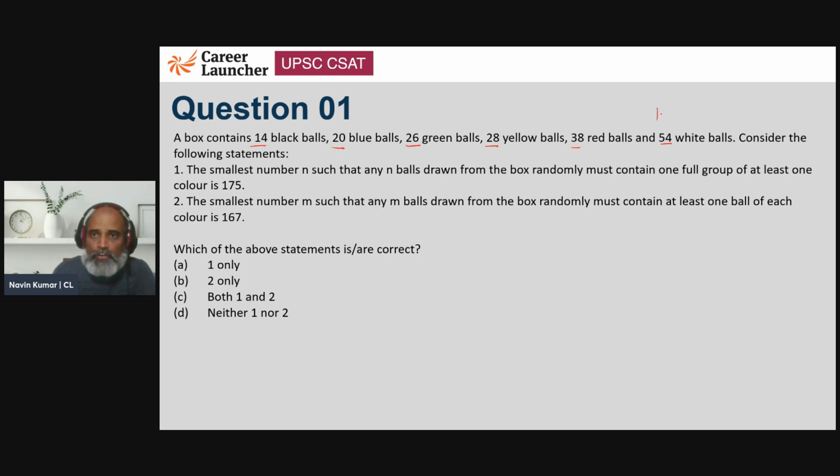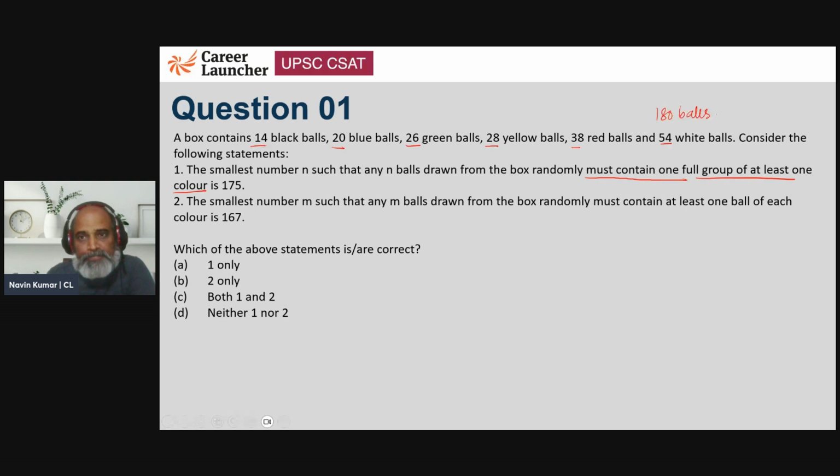So we have overall 180 balls, right? Now, out of these 180 balls, how many balls shall I pick such that it must contain one full group of at least one color?